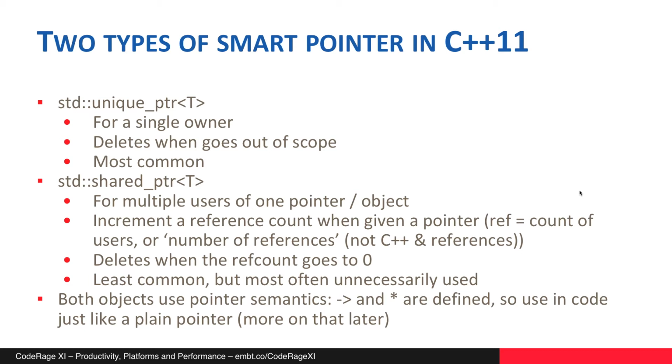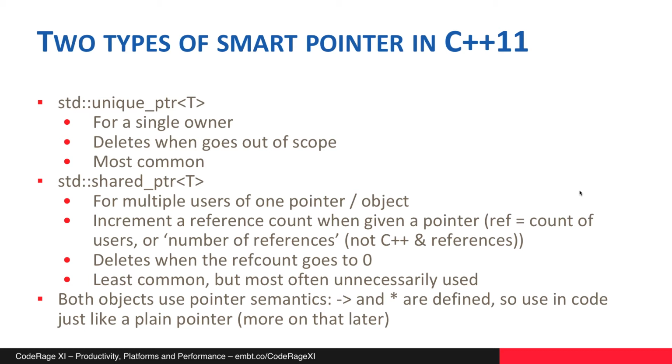std::shared_ptr is more interesting. It's for multiple users of one pointer or one object, and it keeps a reference count when given a pointer. Reference is a count of the users of a pointer, or the number of references to that pointer, which is slightly confusing terminology. It's not a C++ ampersand syntax reference. It's talking about the number of objects that have an interest or a reference to that pointer.